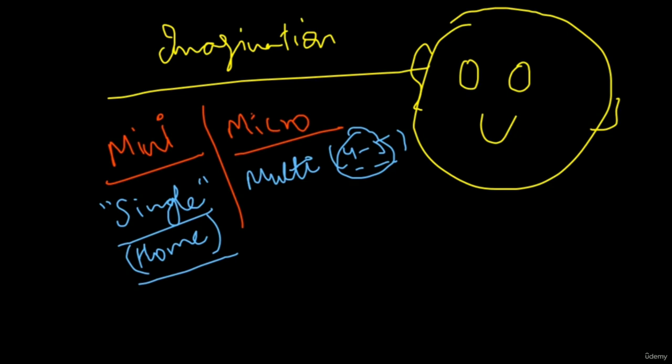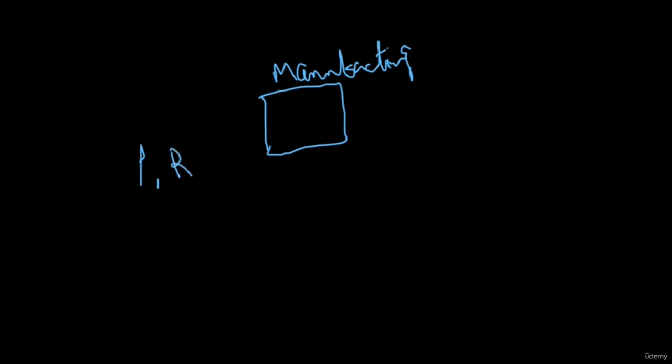Imagine there is an operation. Let's imagine, my dear friend, that we are working in manufacturing. In manufacturing, we have so many units to work upon. Someone is packing, someone has the raw material, then they have to pack.